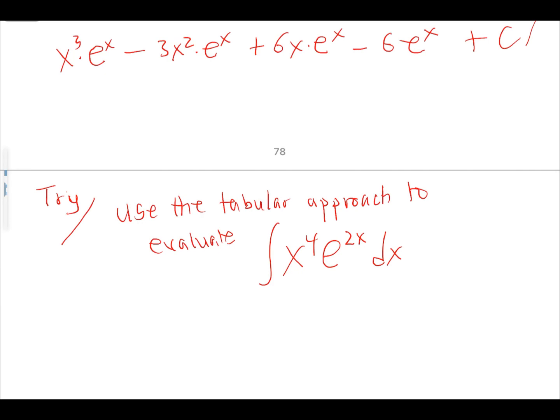And then, if possible, use repeated integration by parts to check your answer as well, or a calculator to check your answer as well.